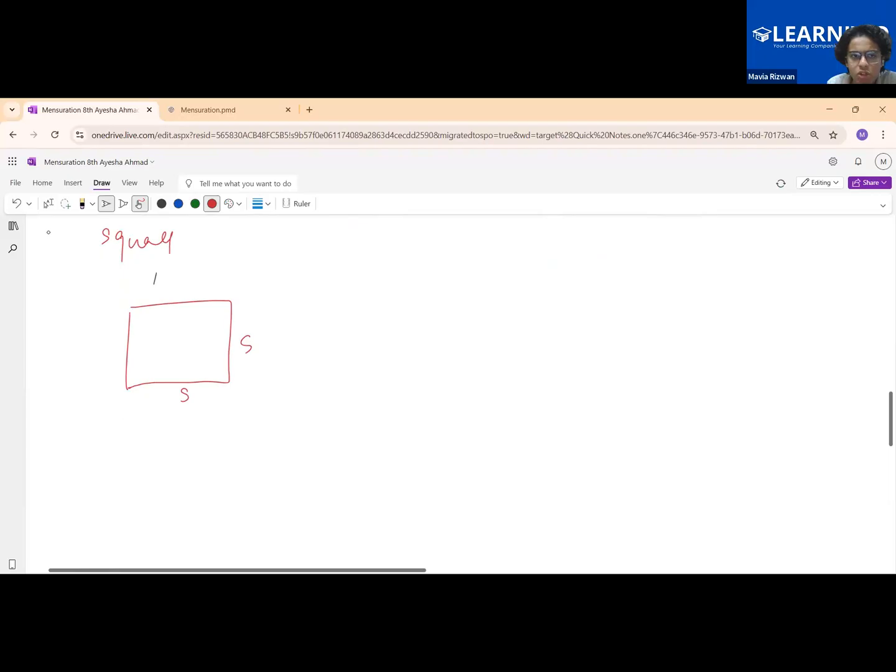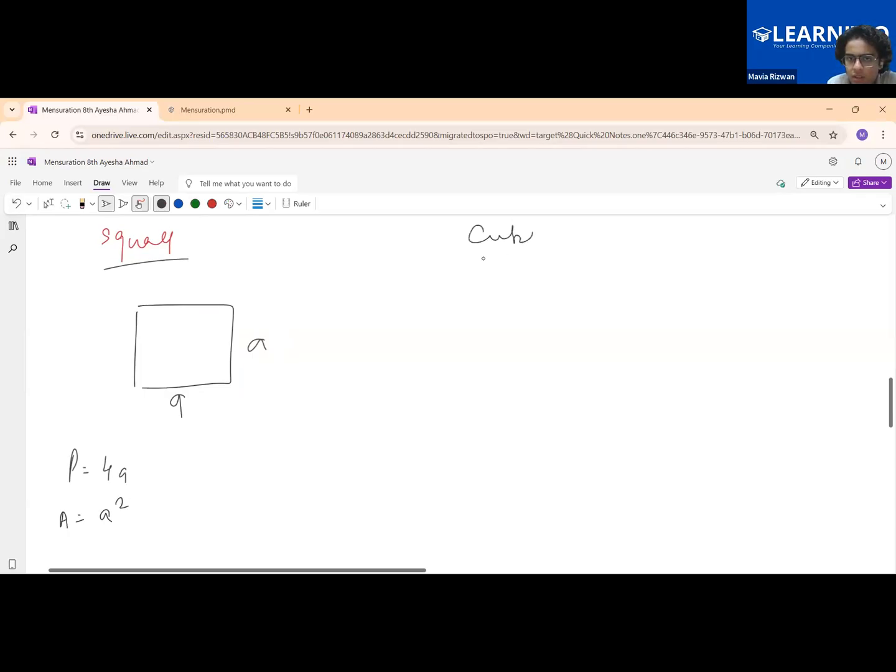So perimeter we know is 4s, and area we know is s squared, right? Aisha, if I name it a, this is also a. So perimeter is equal to 4a and area is equal to a squared, right, Aisha?